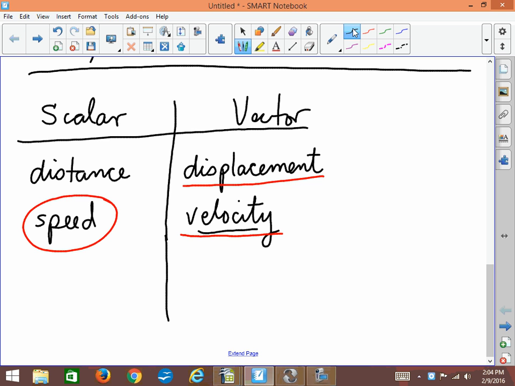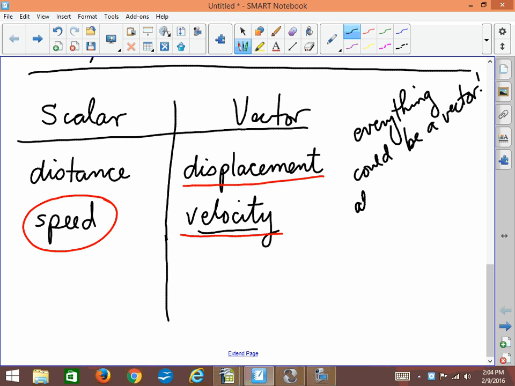You simply remember that everything could be a vector, no matter what you call it. So that means you must always consider direction. Even if you're not, you might consider it and then say, you know what, I don't need to worry about it. That's fine. You can do that.